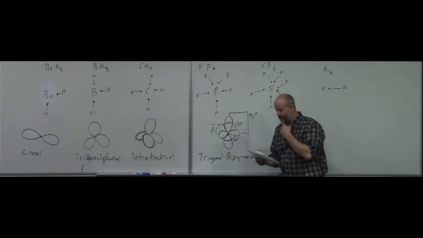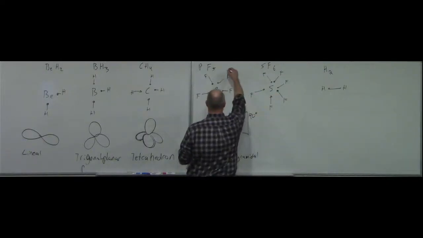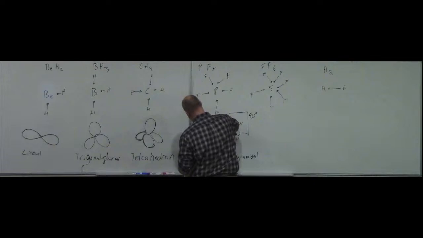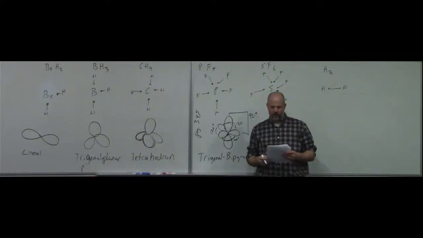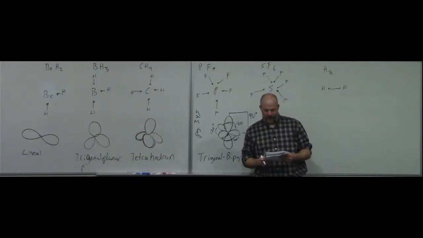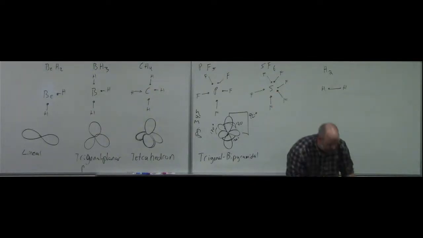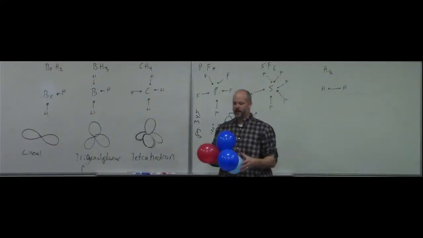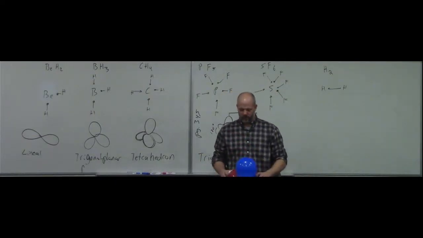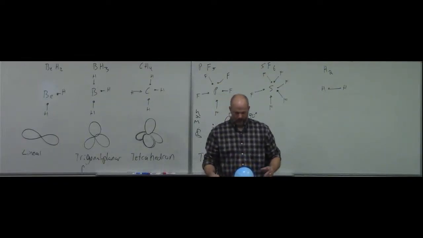I'm sorry. This is page 345 in your book if you want a really good drawing. It's called trigonal bipyramidal. The idea is that you're forming two sets of pyramid shapes.